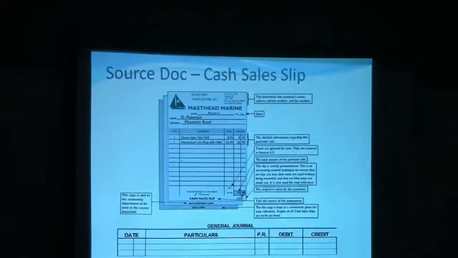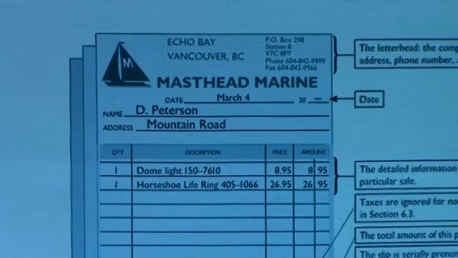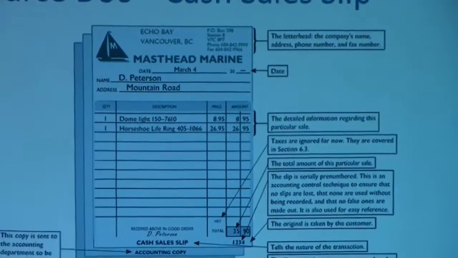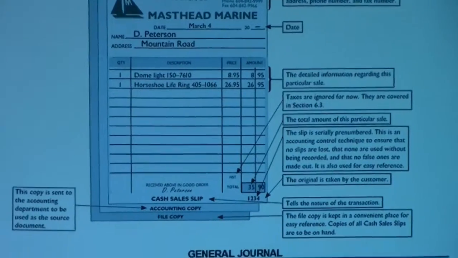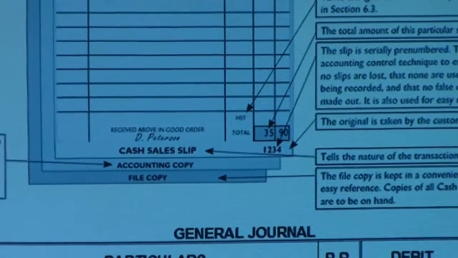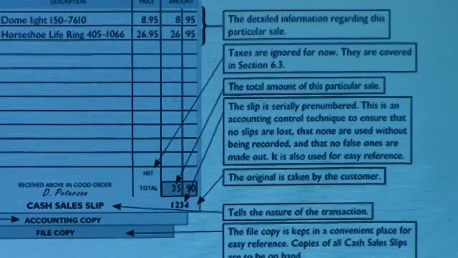So one example of it is the cash sales slip. You can see that the cash sales slip indicates the amount of cash that was collected by the business, and if there was tax collected, it is stated on it as well, and the customer paid you cash.